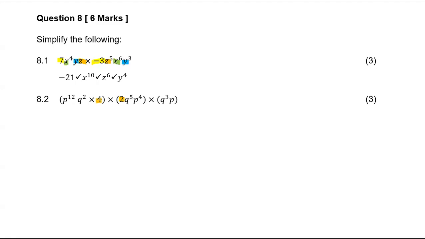It's p to the exponent of 12 plus 4 plus 1. That'll give you p to the exponent of 17. And it'll be q to the exponent of 2 plus 5 plus 3, that'll be q to the exponent of 10.